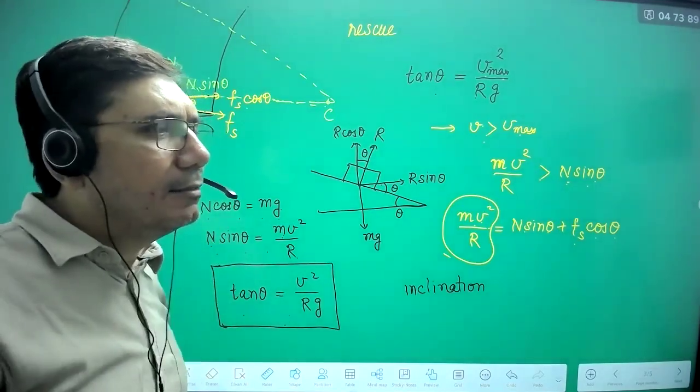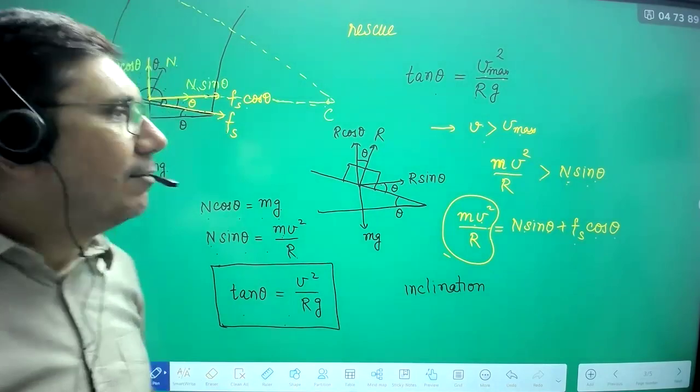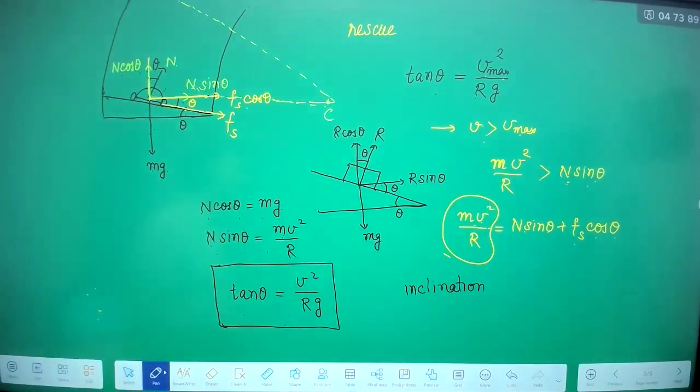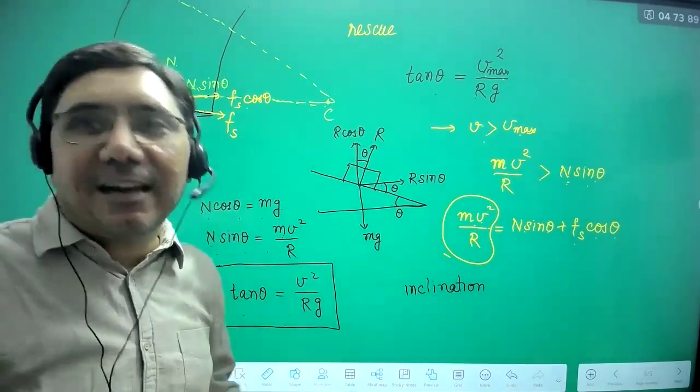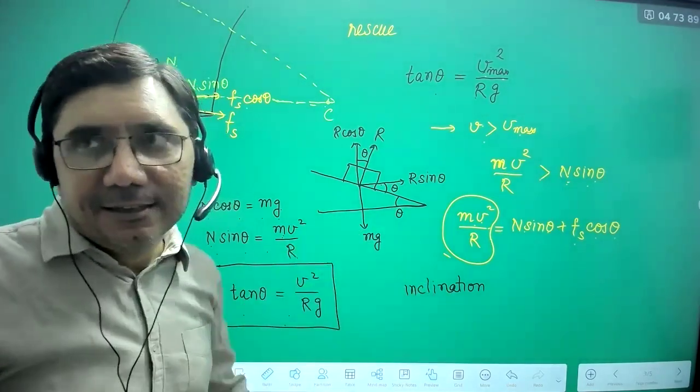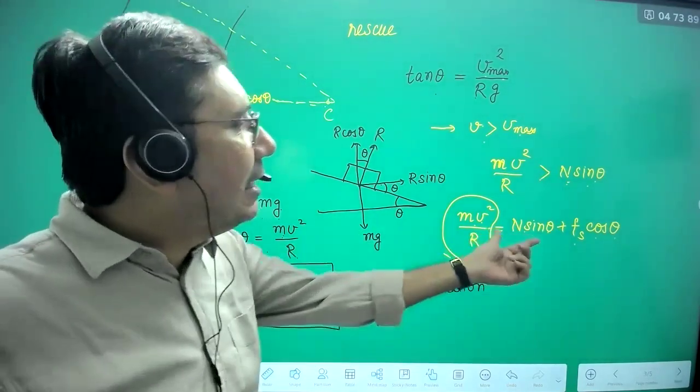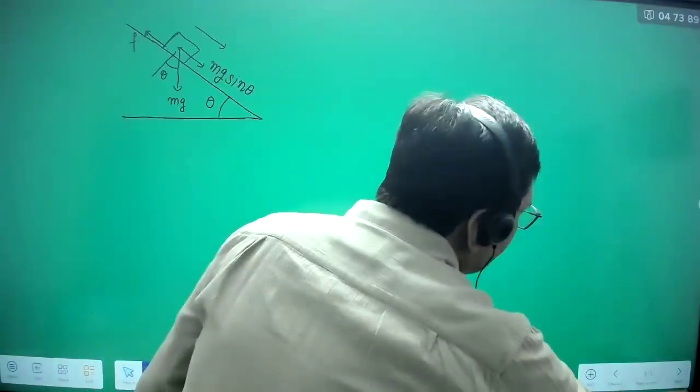Sir, in the second case, N sin θ plus Fs cos θ is also an upper limit. But why are you going into so much detail? I don't want to go into the mechanics. Surely everything has an upper limit. I have shown you this situation.